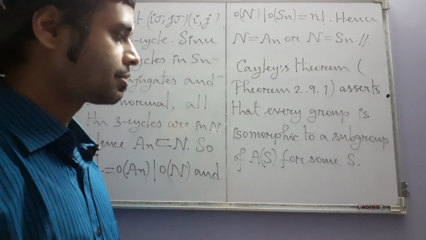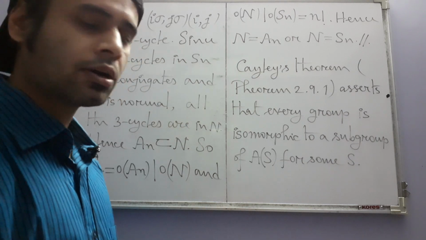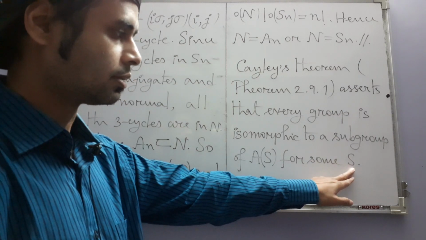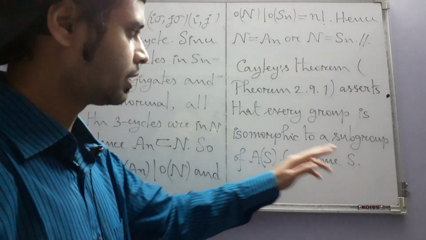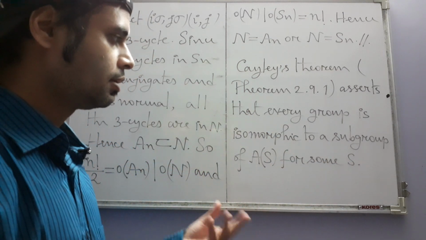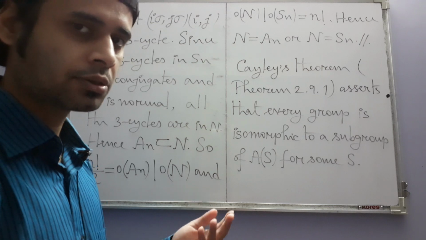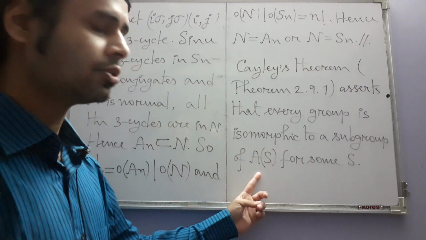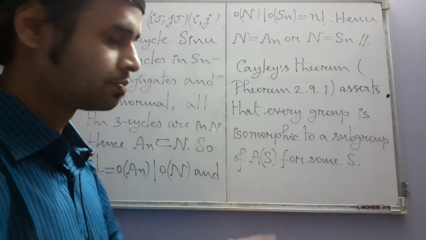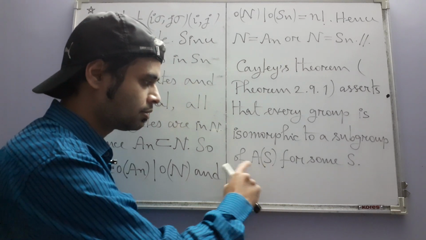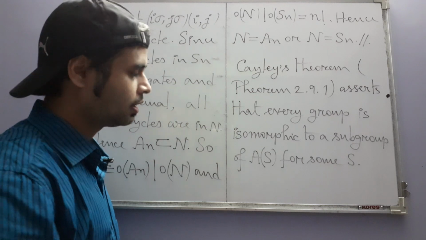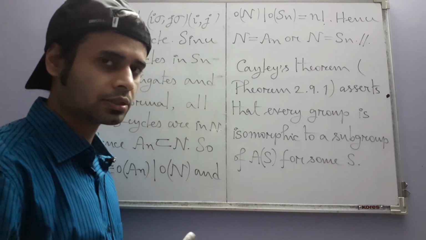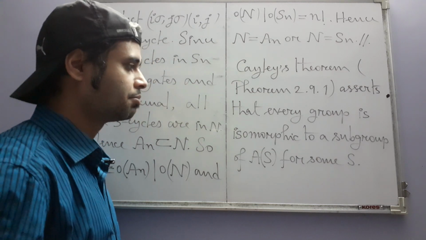It tells us that there exists a set S for any given group such that we can find an isomorphic copy of the group inside this permutation group A(S), consisting of all one-to-one onto mappings on S, where the binary operation is composition of mappings.